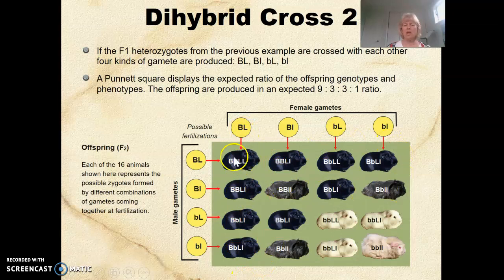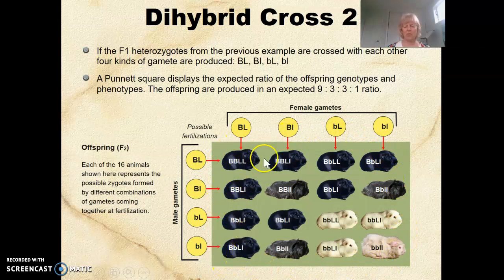This is easy to count when you write these genotypes in the way that we've discussed earlier. So you need to decide which letter comes first. Do you want to have the B first or the L first? In this case they chose to have the B first. And then you always write the alleles that belong to one gene together, and you always write the capital letter first. And when you do it that way, you always end up with this type of pattern.